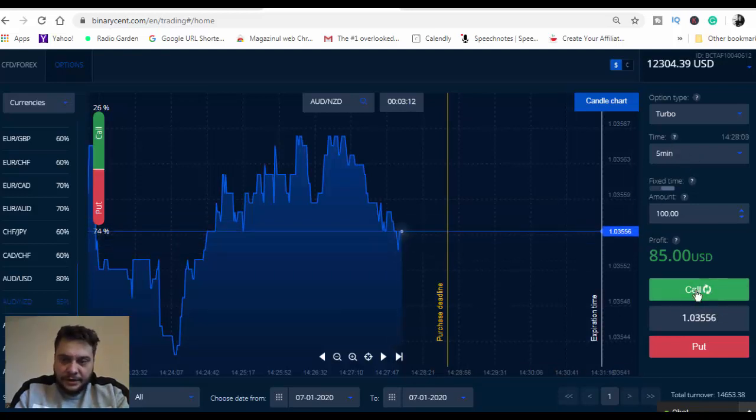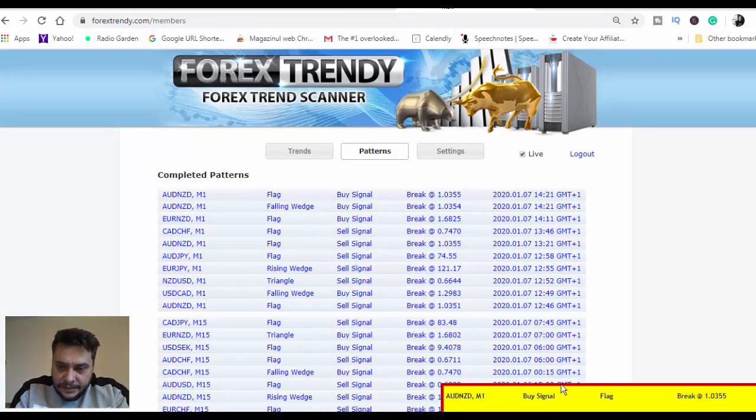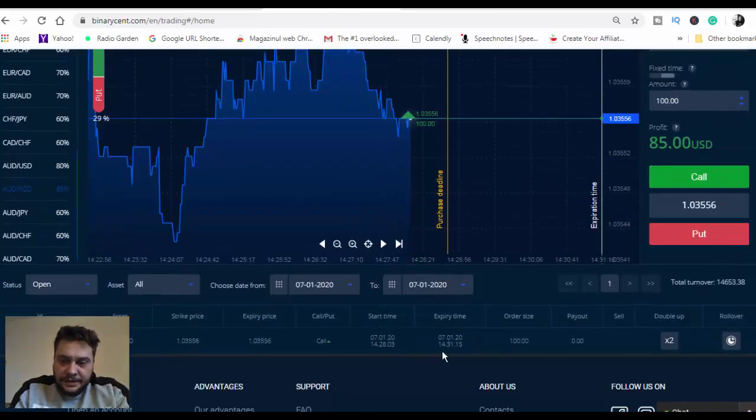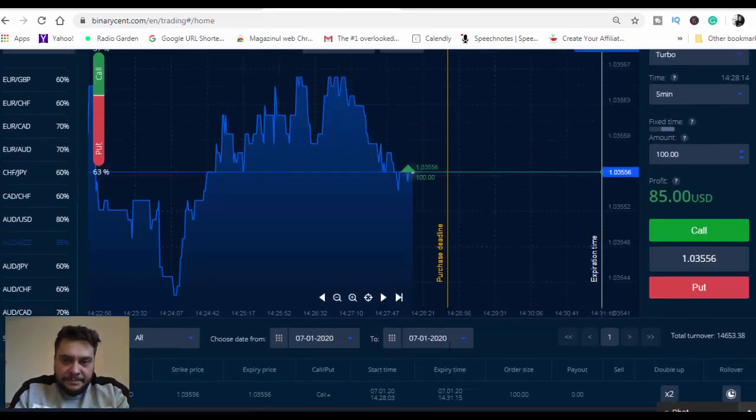So let's put a call here on Australian dollar, New Zealand dollar. And as you can see here, the trade is placed, and after 5 minutes it should be above this line.